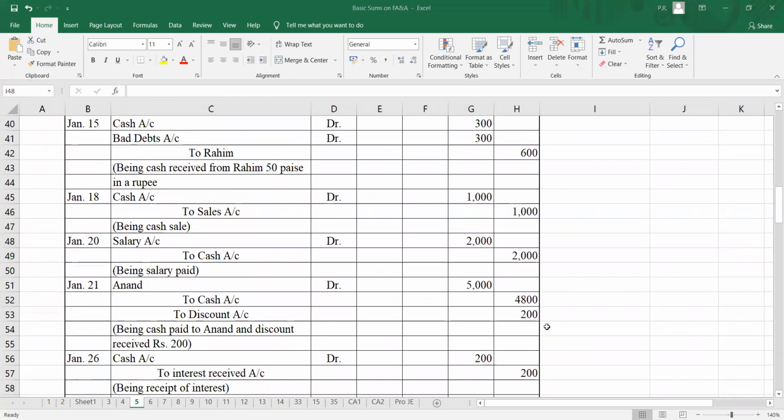Then we have paid Anand 4,800 in full settlement. Now Anand, you know, somewhere we had... Okay, there is something missing over in the sum.